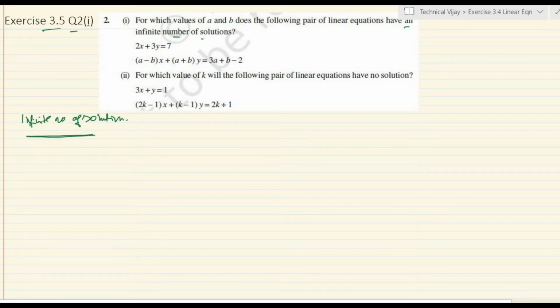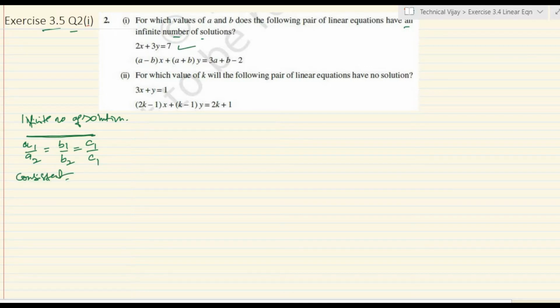Okay, and this condition will be satisfied when a1 by a2 is equal to b1 by b2, which is also equal to c1 by c2. So if this condition is satisfied, then the lines are coincident and they have infinitely many solutions.